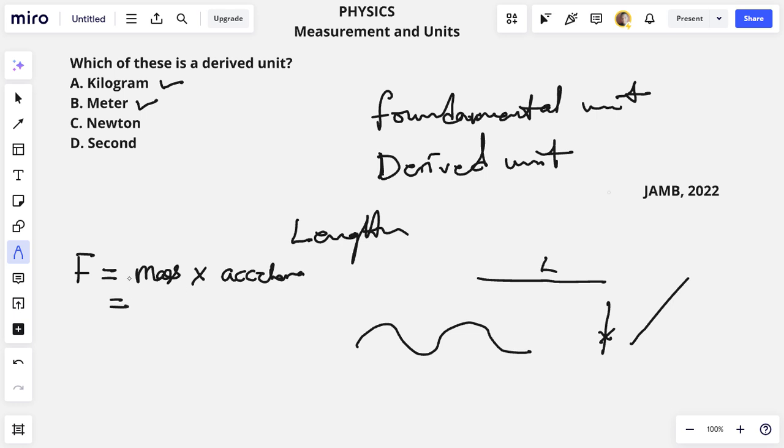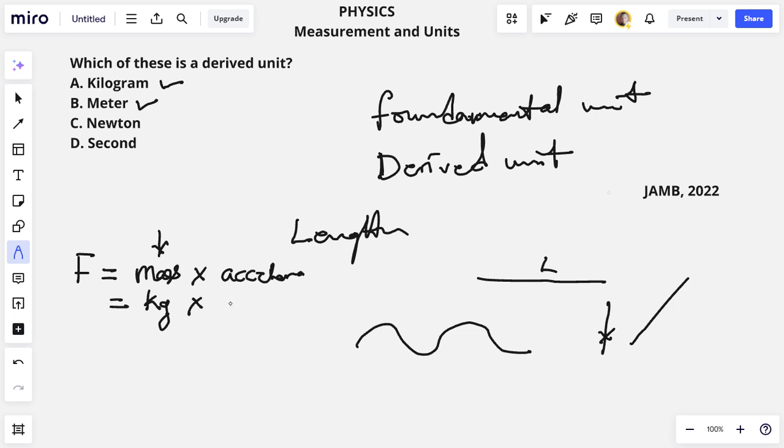So now you see that this unit of force, Newton, has another fundamental unit in it if you split it. It has a quantity, mass, and the unit of mass is kilogram. So inside this Newton, we found mass, a fundamental unit.